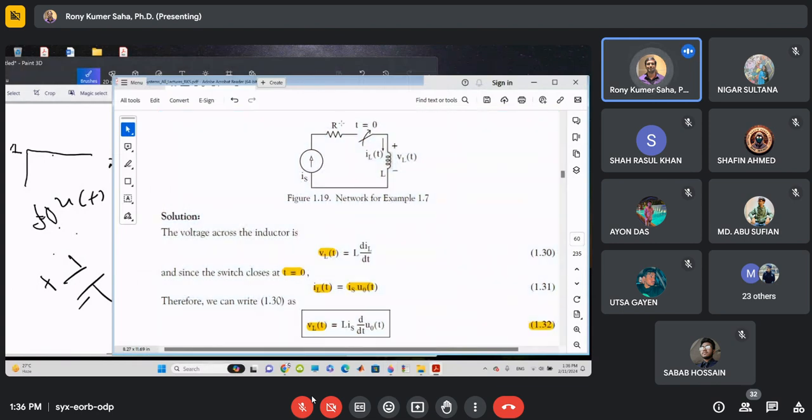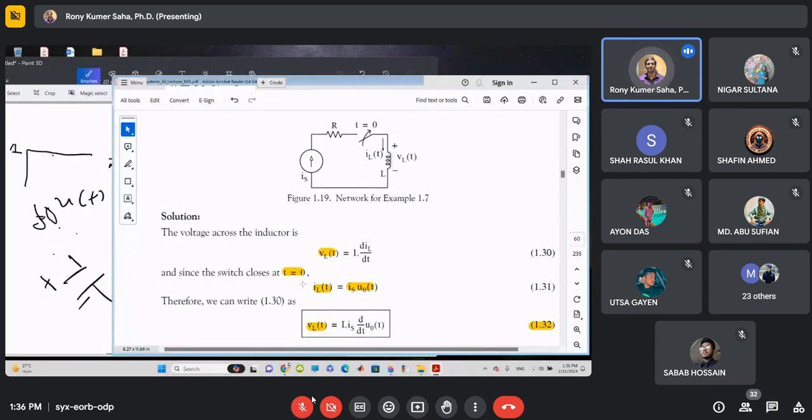So we have only the resistance there. The resistance does not change over time because it's not a function of time. Even though with temperature it changes, we do not consider that. So the current flowing through this should be fixed. So we can represent this IL in terms of the unit step function.